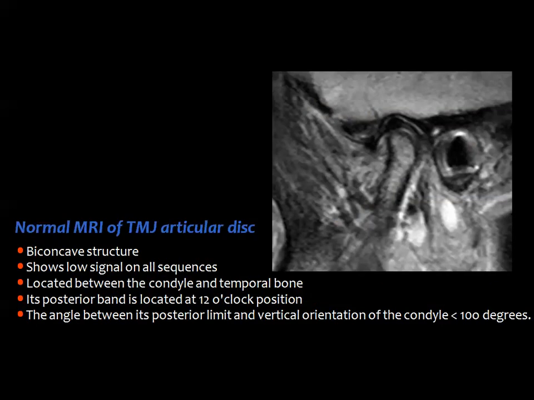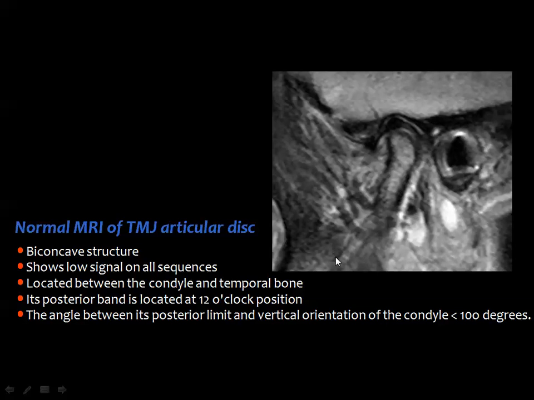The most suitable view by MRI to examine the temporomandibular joint is the sagittal oblique view, which is taken perpendicular to the head of the mandible or to the joint line in the axial view.